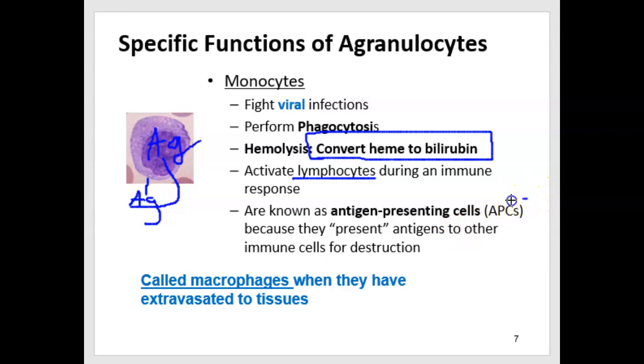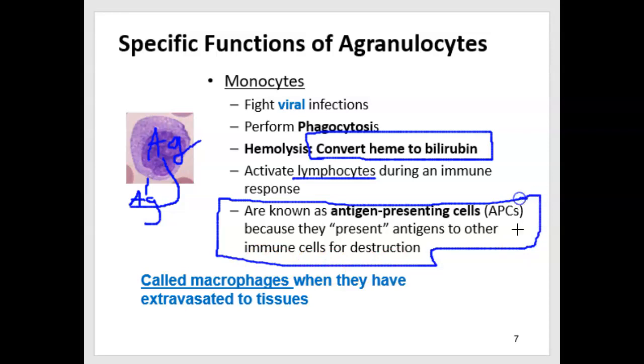This is really important in an immune response, and we'll talk about that again when we do the immune system. For now, you can just know that monocytes fight viral infections, and they can leave the bloodstream, go out to tissues. There they're called macrophages, and now they can do lots of phagocytosis out in the tissues.